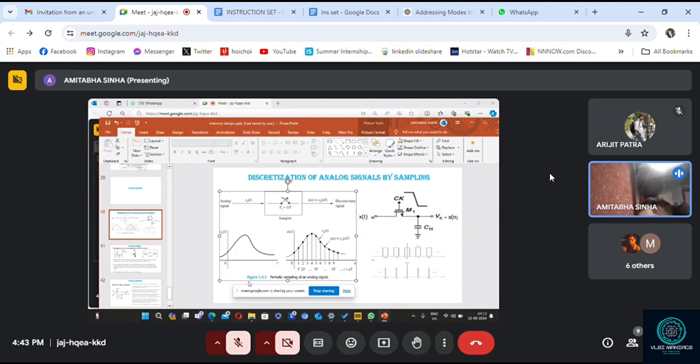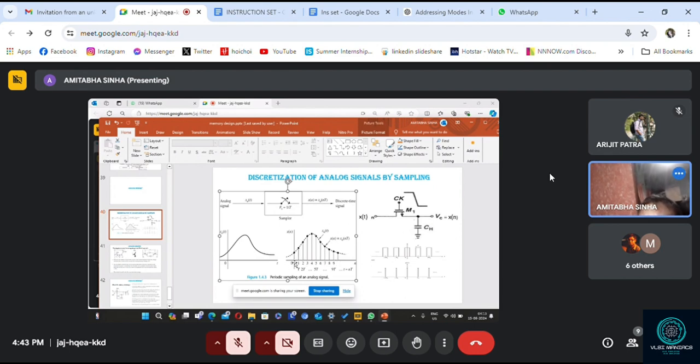That you must be knowing. So when the sample number n is 3, what is the actual time? 3 into capital T. Now here continuous signals are sampled after every T unit of time.